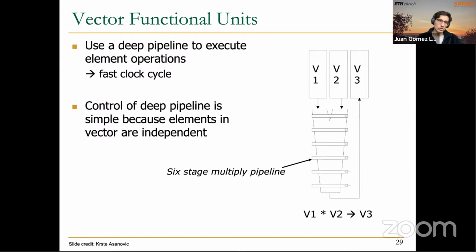In the next cycle, we go to the element in register 1. In the next cycle, we go to the element in register 2, and so on. And they start making progress through this pipeline of multiple stages, as you see. After a certain number of cycles, let's say 6 cycles here, we have the result for element 0 that we write in the corresponding register in vector register 3. So this is, as I said before as well, exploiting the parallelism in time.